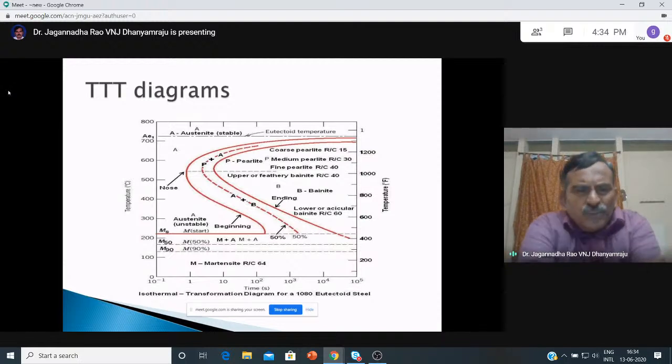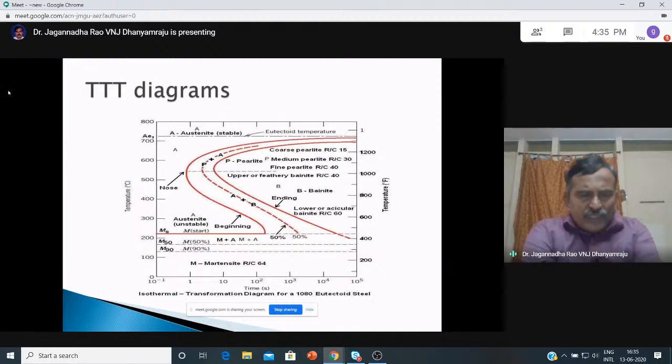So if you cool at such a rate that your cooling curve just touches the nose of the TTT diagram, you are assured of 100% martensite. And this cooling rate is called the critical cooling rate for a particular composition of steel, right? So that is what you mean by critical cooling rate.